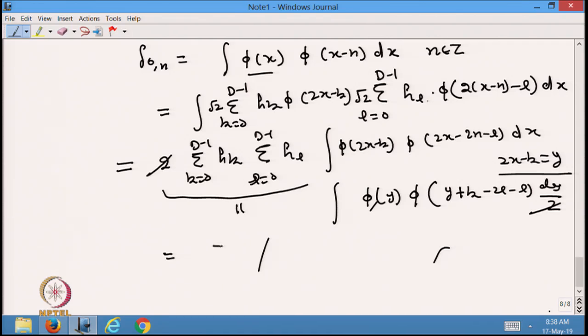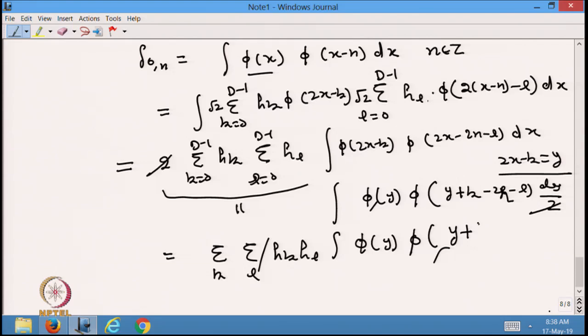So, finally, this is summation over k, summation over L, h k and h L, and this function will become, if you remember, phi y and phi y plus k minus 2n minus L, dy.